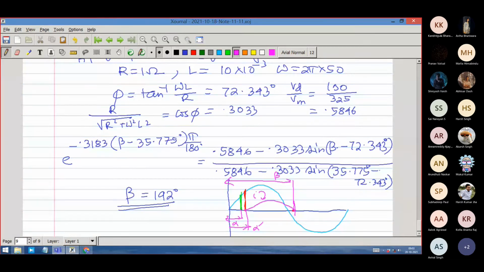So this is what will happen, and beta is 192 degrees, which is less than the 205 degrees that we found when R was 0.